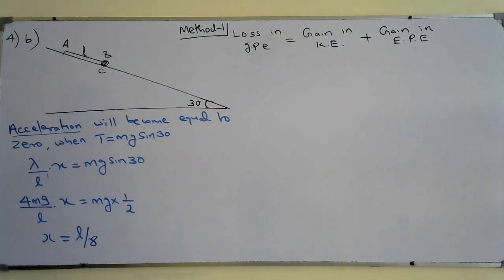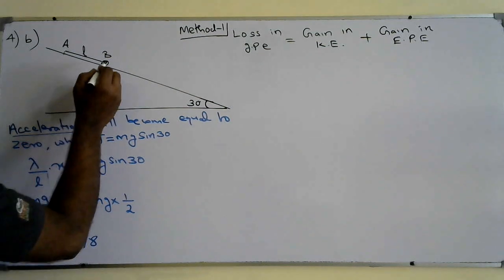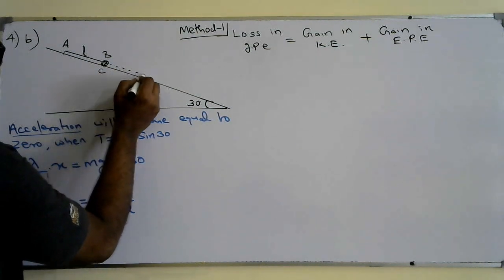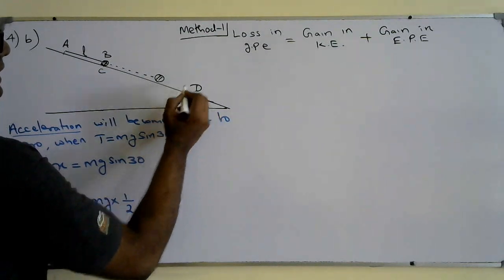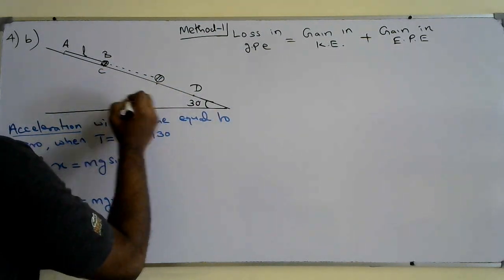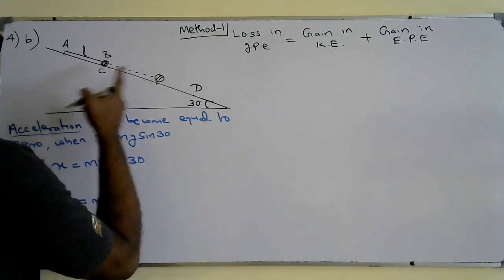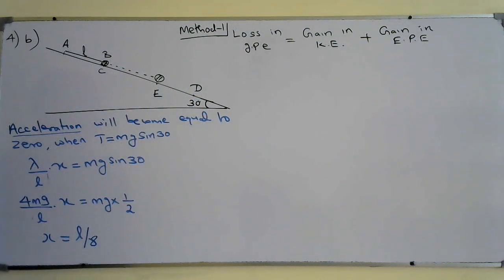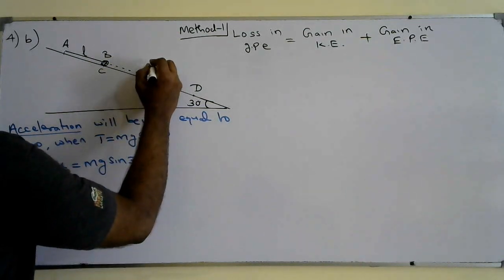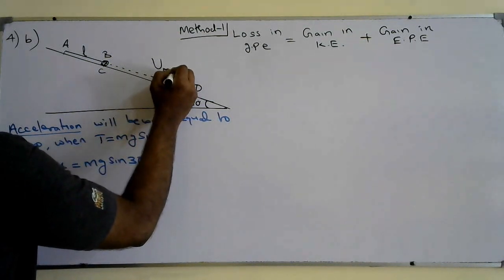The final point where it came to rest is D, and this point, after A, B, C, D, we'll name E. At this point it has the maximum speed.